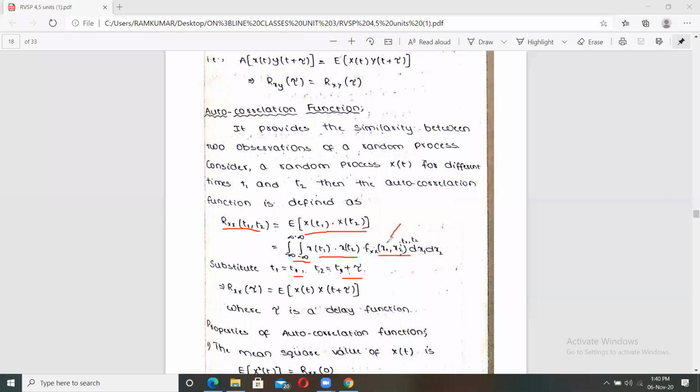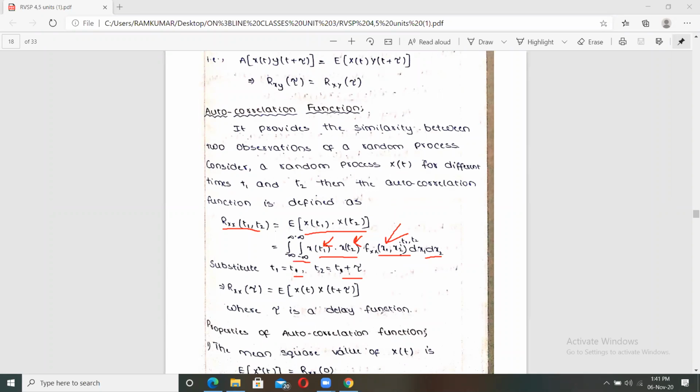This is the joint density function of a random process. This is the random process at time t1, and this is the random process at time t2, dx1 dx2, which is the formula for autocorrelation function.